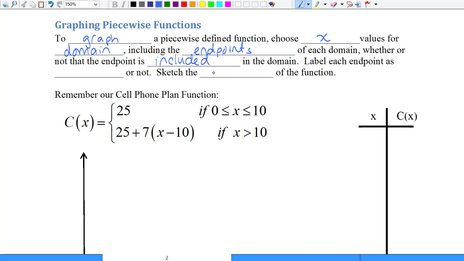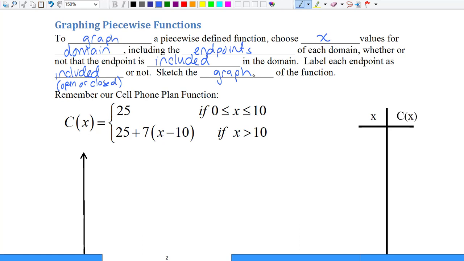It doesn't really matter if it's strictly less than, strictly greater than, or equal to. You're going to have to choose that endpoint anyway. And then I want you to label that endpoint as included or not. And when I say included or not, that means open or closed, okay? Then we can sketch the graph of the function.